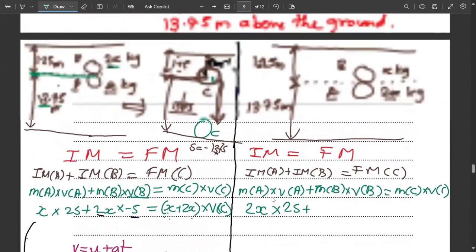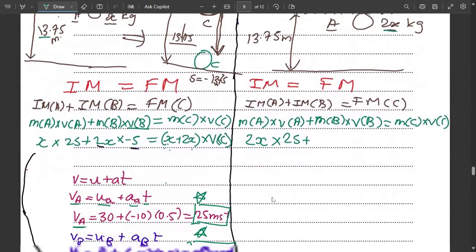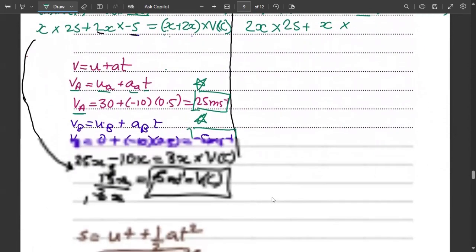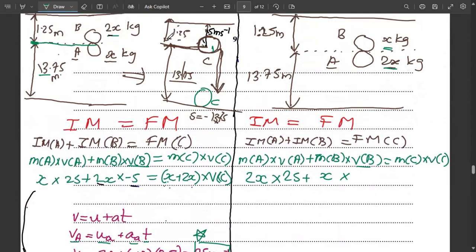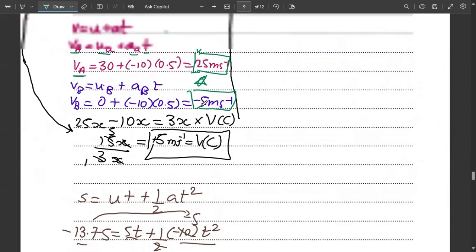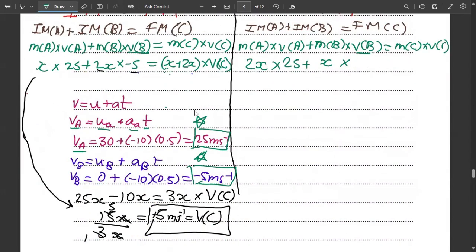Mass of B in this case is x kg. And velocity of B, again irrespective of mass, if a 100 kilo object and a 1 kilogram object are both thrown from a height 15 meter above the ground, after reaching 1.25 meter down, both will have the same velocity, which is minus 5 meter per second. We can either say 5 meter per second downwards, or we can say minus 5.